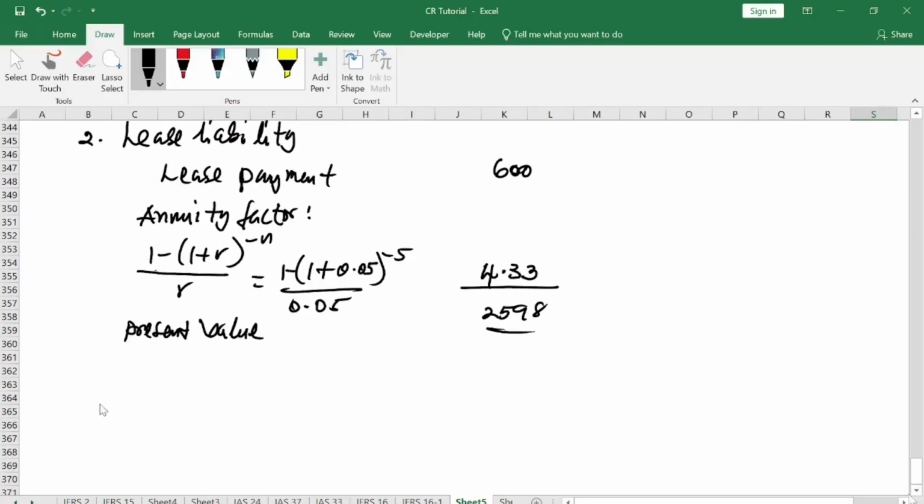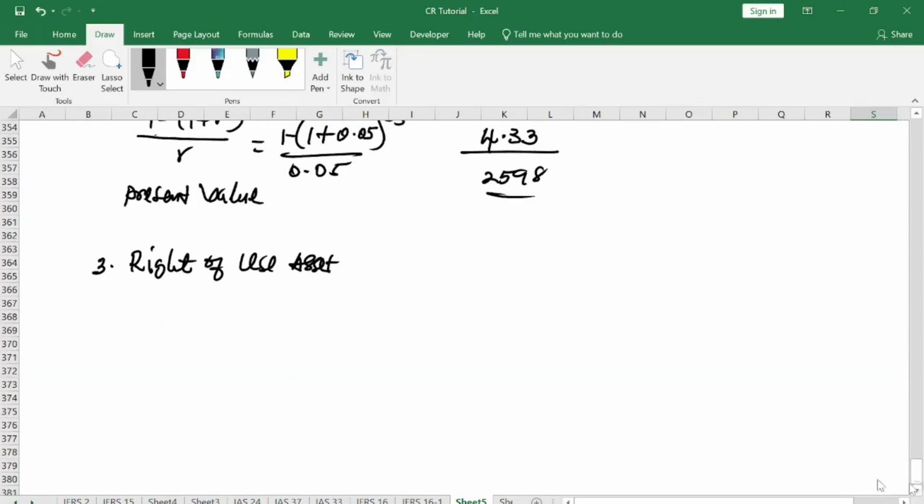Now, when you are done with step 3, you find your right-of-use asset. With sale and leaseback, we cannot get the full right of use. So this is the formula.